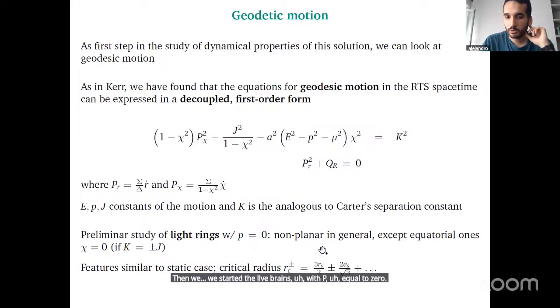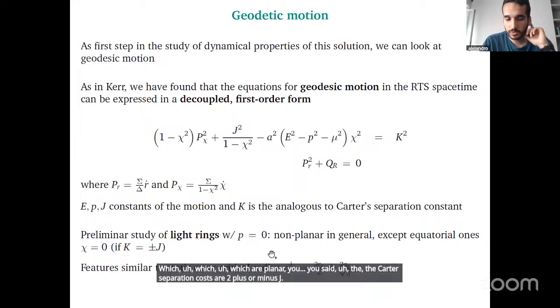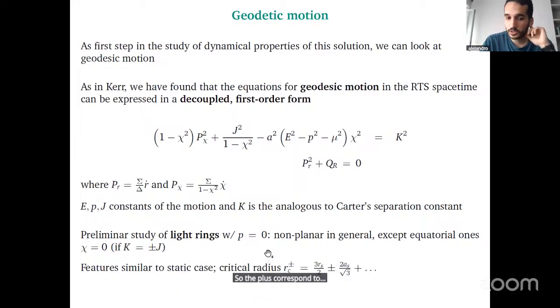In general, they are non-planar, except if you restrict to the equatorial ones, which are planar. You set the Carter separation constant to plus or minus J. The plus corresponds to co-rotating orbits and the minus to counter-rotating.